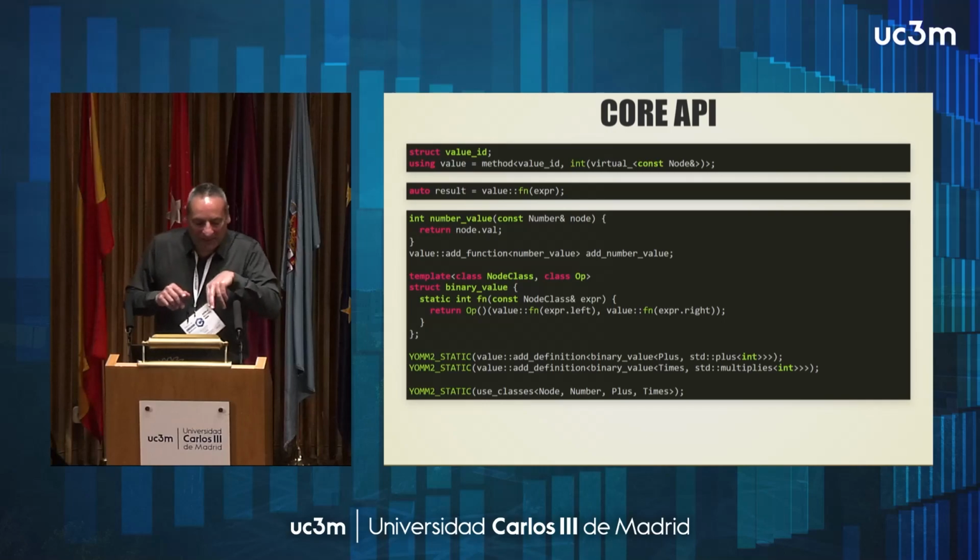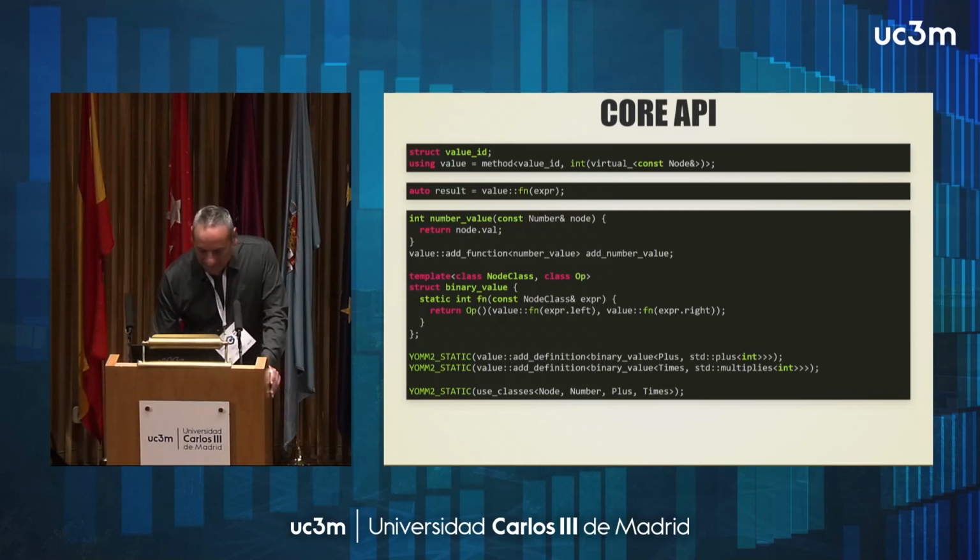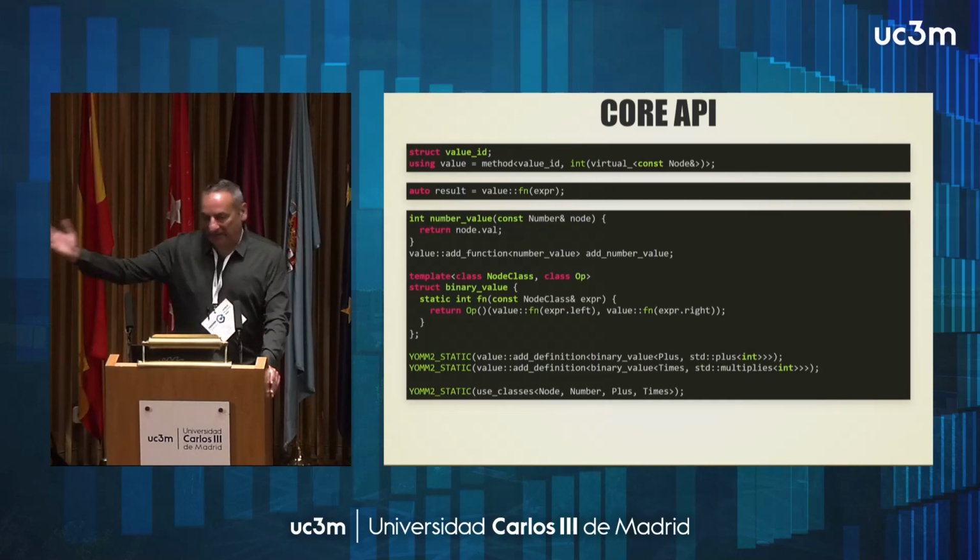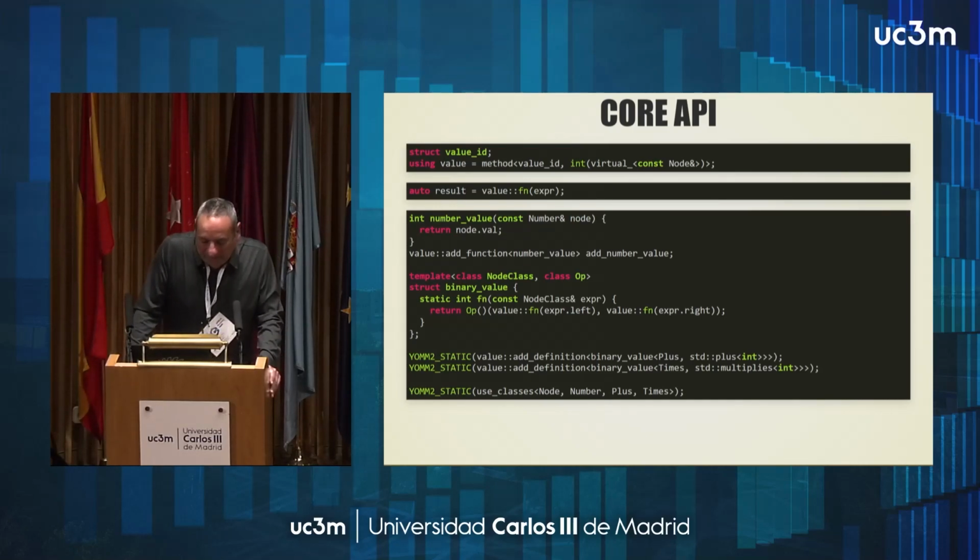That's why you need value ID, but you could use any type. And value, which is an alias or method of the signature, has a nested singleton called fn, which is a function object, and you can call the method like this.